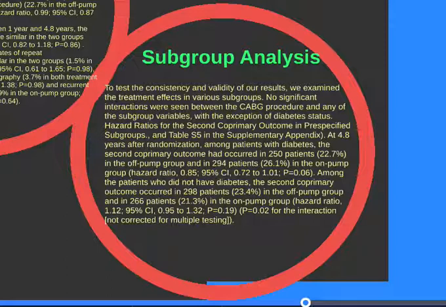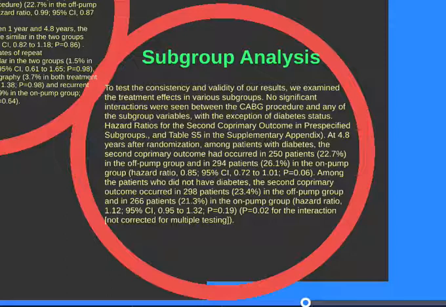Subgroup analysis. To test the consistency and validity of our results, we examined the treatment effects in various subgroups. No significant interactions were seen between the CABG procedure and any of the subgroup variables, with the exception of diabetes status. Hazard ratios for the second primary outcome in prespecified subgroups.